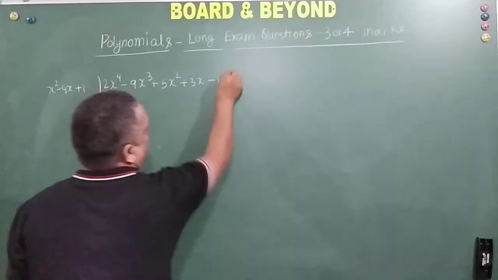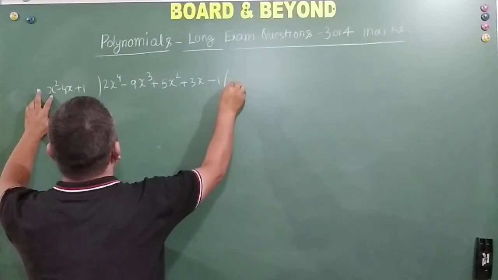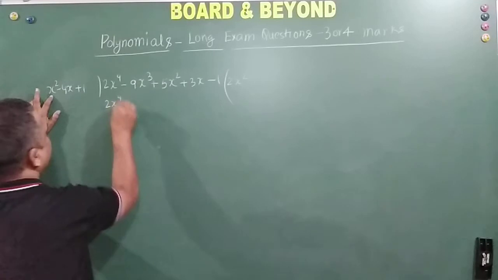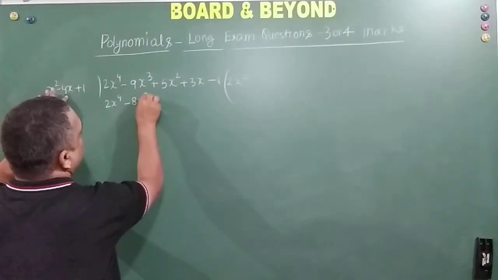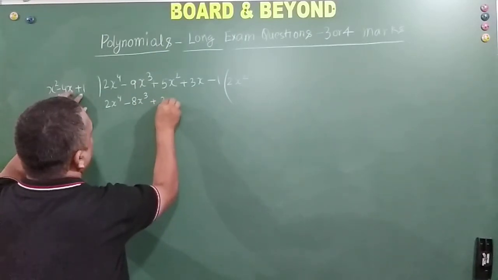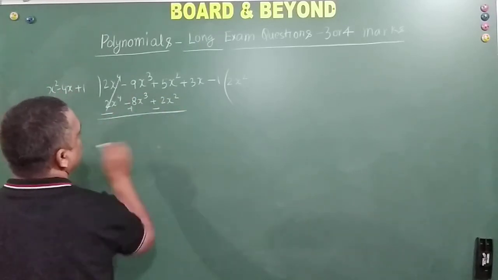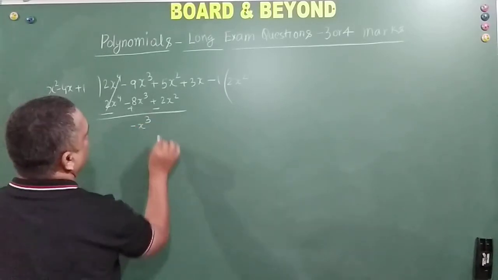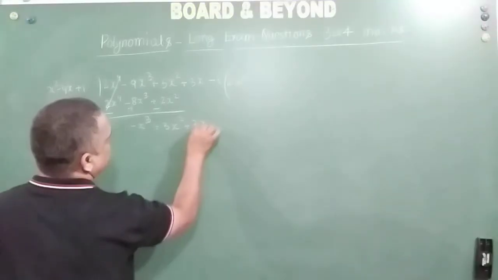Right, friends? Now we need to do a division. So 2 and x square. This leaves me with 2x power 4, and this becomes minus 8x cube, plus 2x square. Minus plus minus cancel. So this is minus x cube plus 3x square plus 3x.